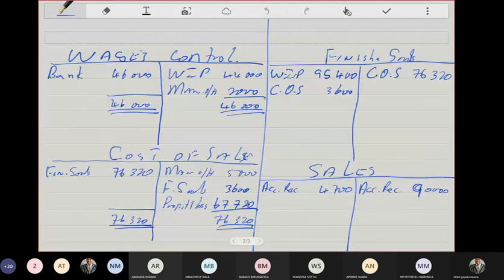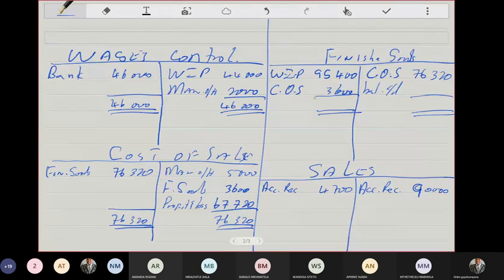Finished goods account. Question again, do we have the balance carried down and brought down? Yes, because that's an asset account. So we'll have those balances on that account. Balance carried down. What is our total? 95,400 plus 3,600.